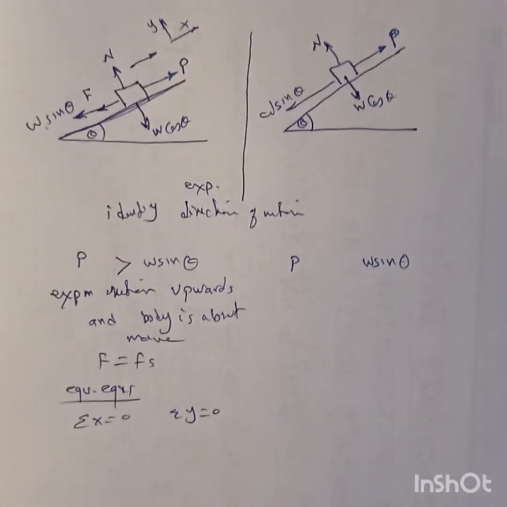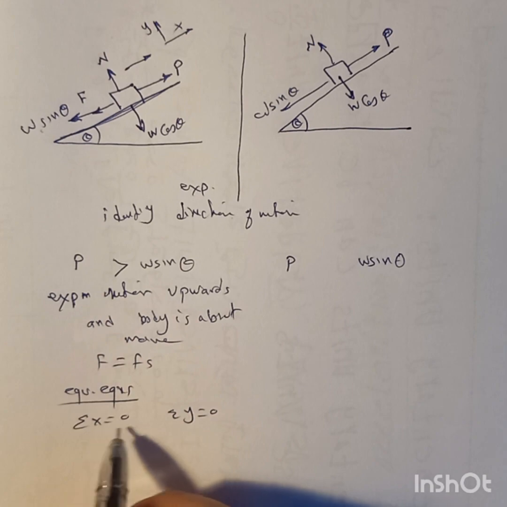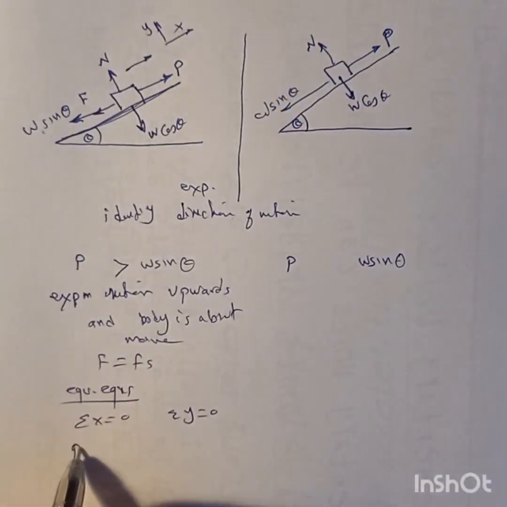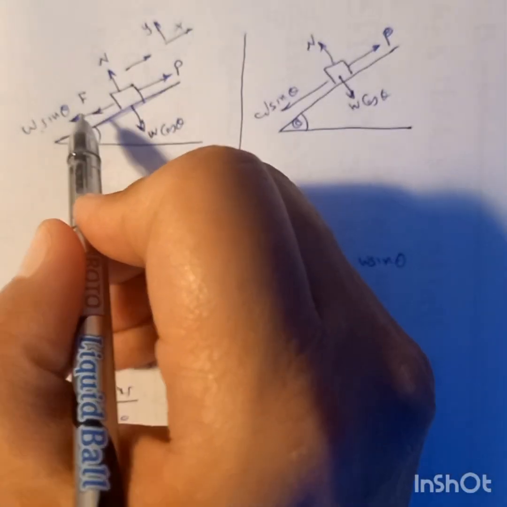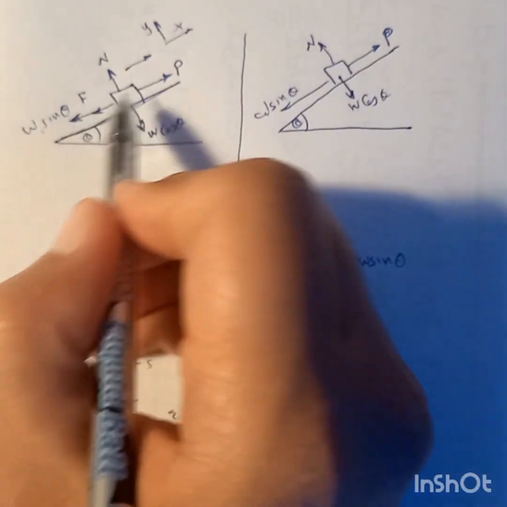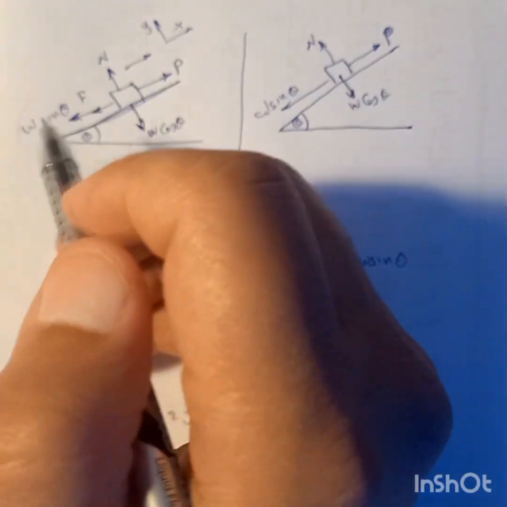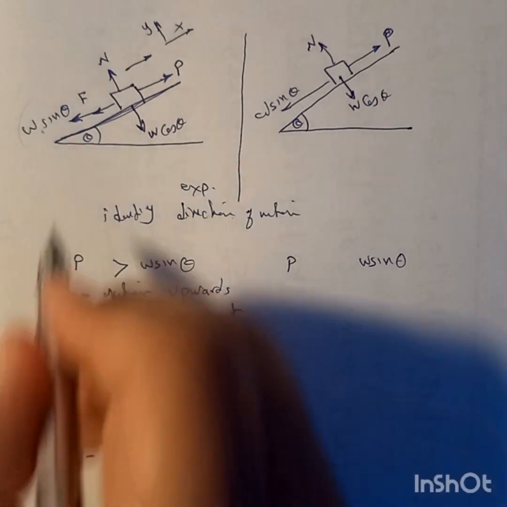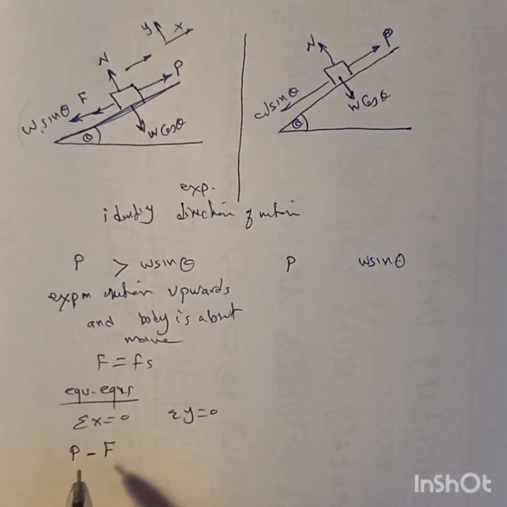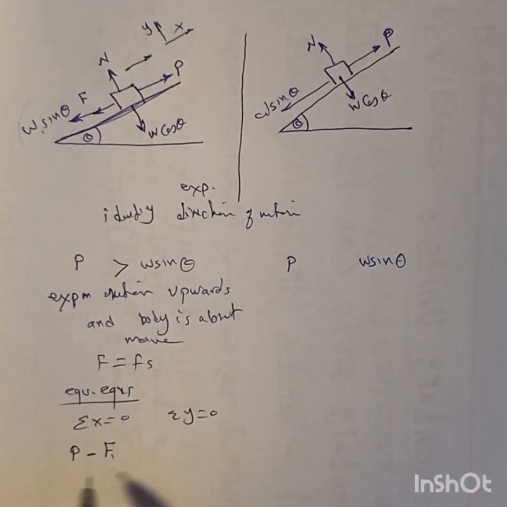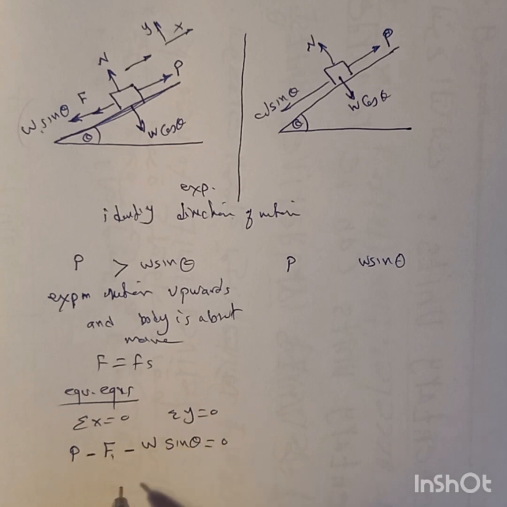For the x direction we have P in the positive direction, minus F, minus W sine theta, the components of forces in this direction. Here F is the friction force, and if the body is about to move, F is Fs. So P minus Fs minus W sine theta equals 0. This is equation number 1.